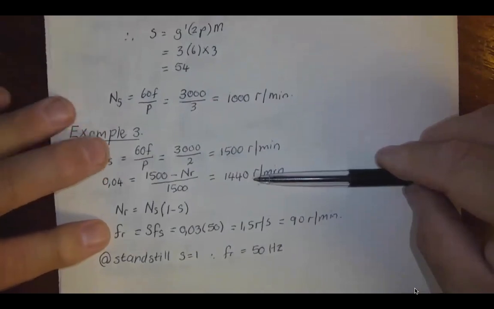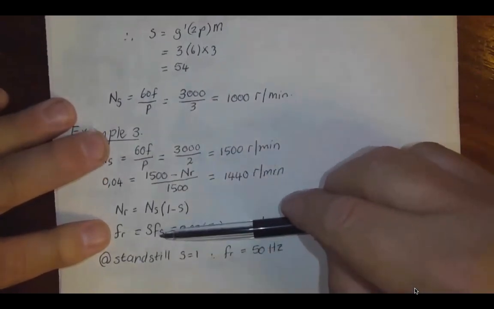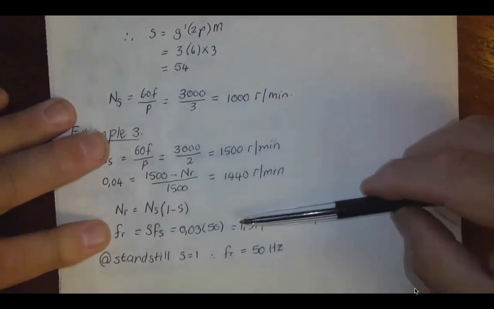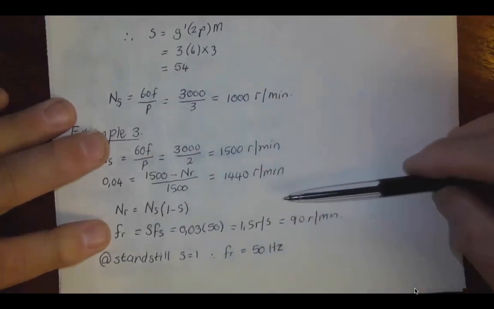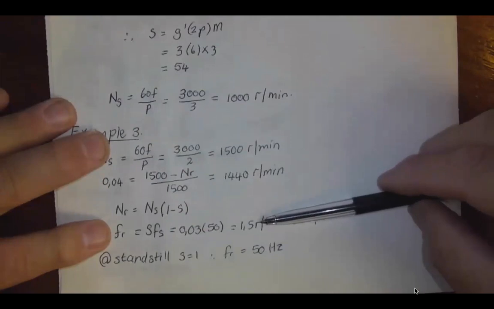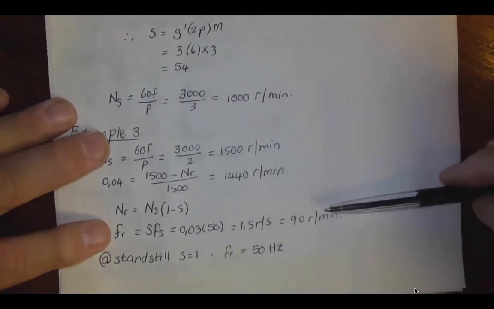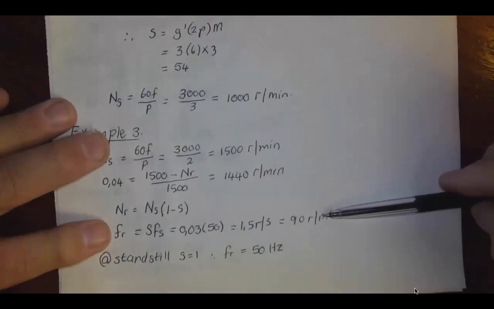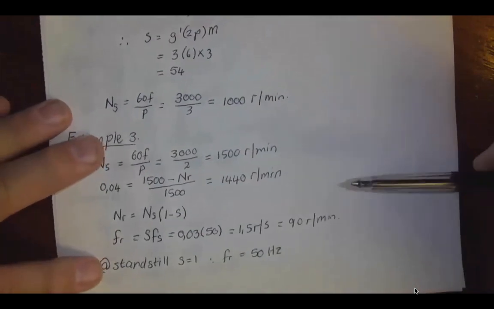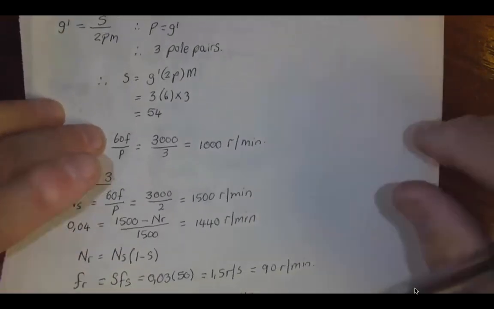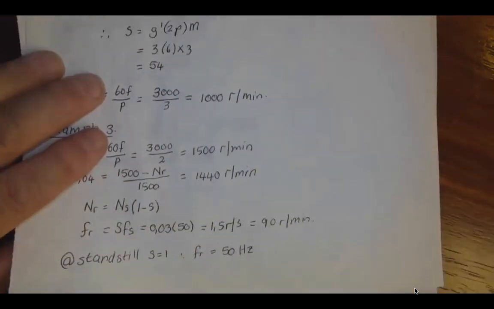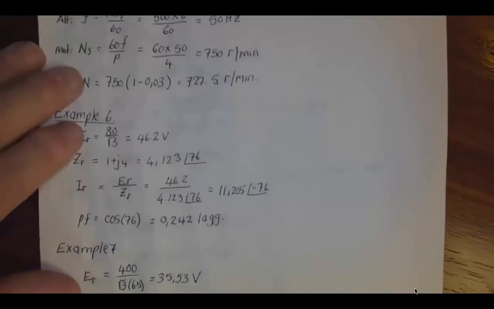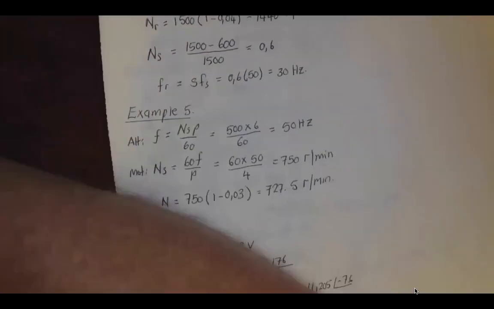Then the frequency of the rotor at a slip of 3%, that's the slip times the frequency of the stator, 0.03 times 50, and that gives us 1.5 revs per second. You times it by 60, then you get 90 revs per minute. So at standstill, our slip is 1, and the frequency of the rotor is going to be 50 hertz. Right.